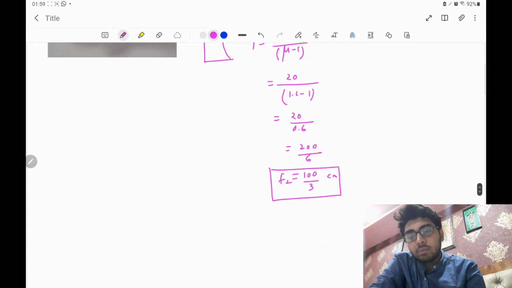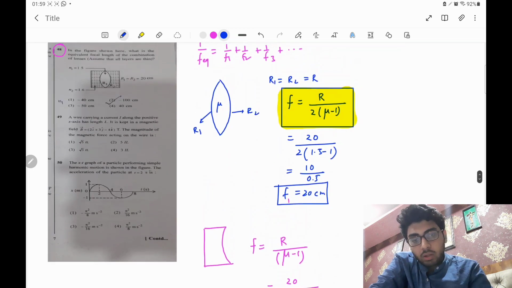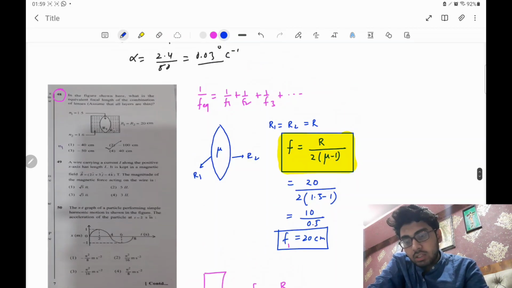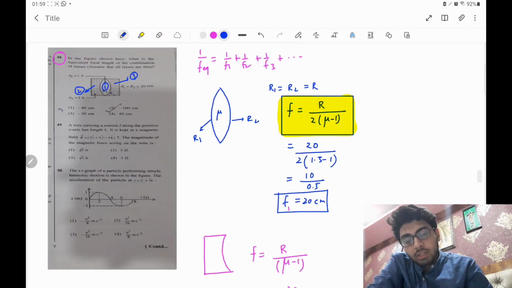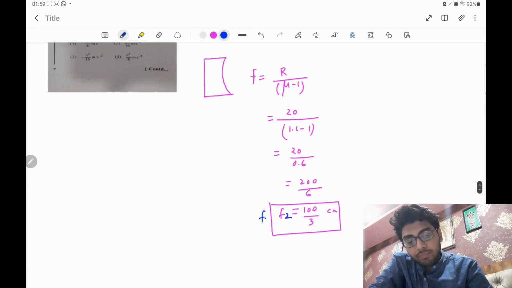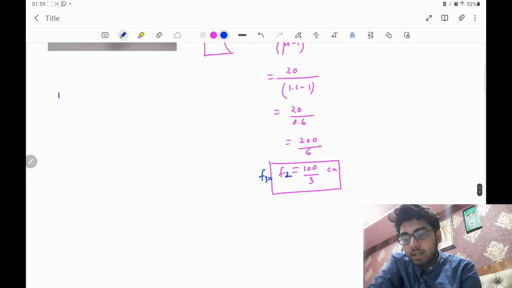Suppose this is 2 and this is 3 and this is 1, so this is f3 also, right? So the net equivalent f will be 1 by f1 plus 1 by f2 plus 1 by f3.